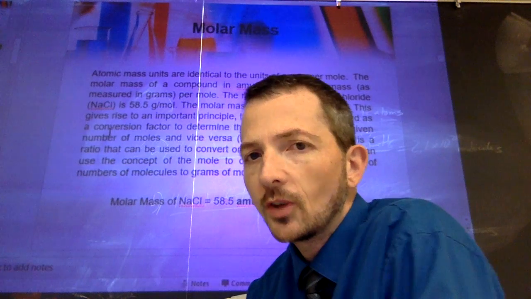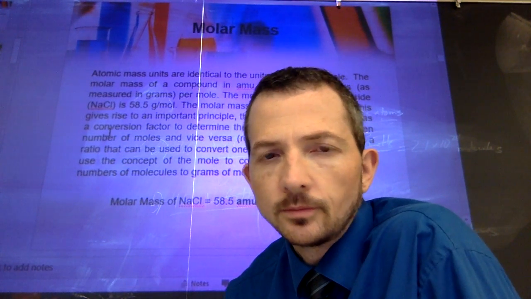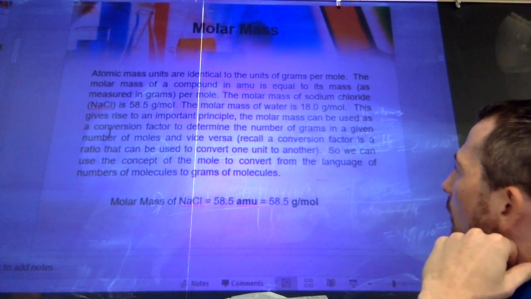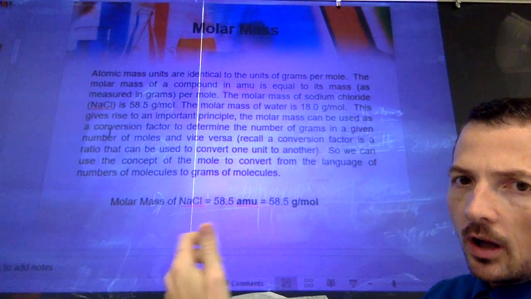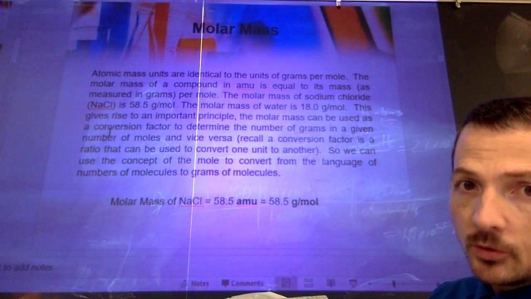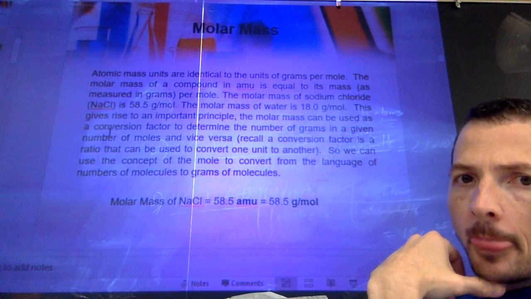And so our units are going to be grams per mole. If we look here, sodium chloride is 58.5 grams per mole. For water, oxygen's around 16, hydrogen's around 1, so 2 hydrogens would be 2 plus 16 is 18.